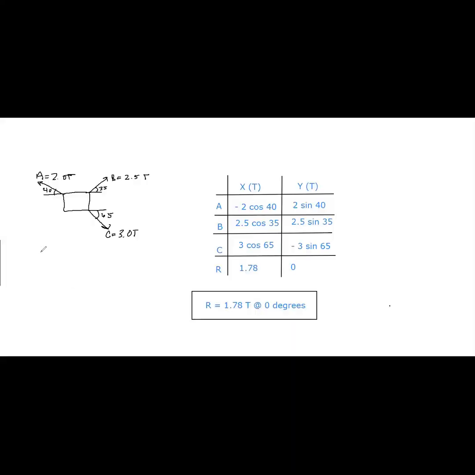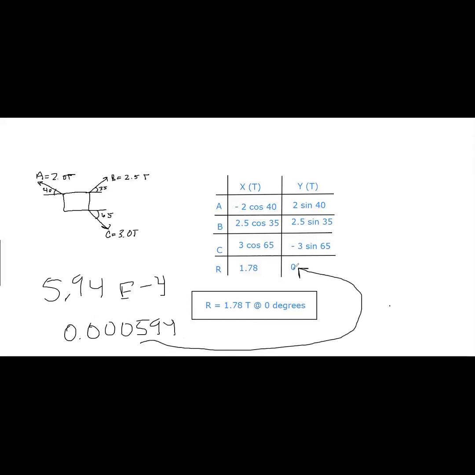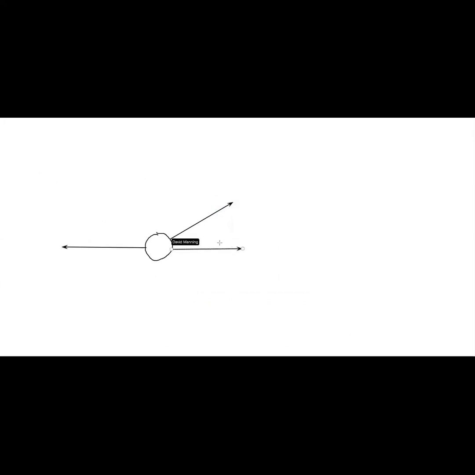If it comes up like 5.94 e negative 4, that's 0.000594, which for all intents and purposes is 0, right? You're going to get 0 degrees. Oh, 5 of them. We'll never know where this is going to end up.